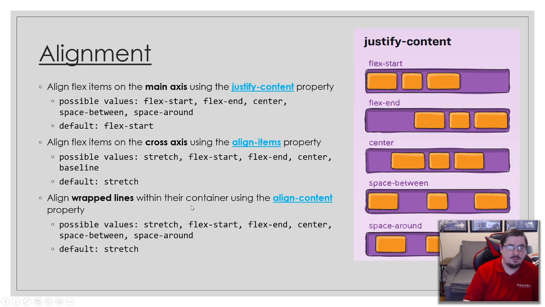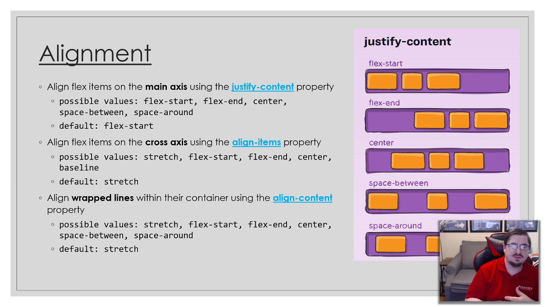Okay. If you want to align things on the cross axis, we use the align items property, and that has a few different values: stretch, flex start, flex end, center, or baseline. Most of those are similar to what you saw with the main axis, except for stretch and baseline.